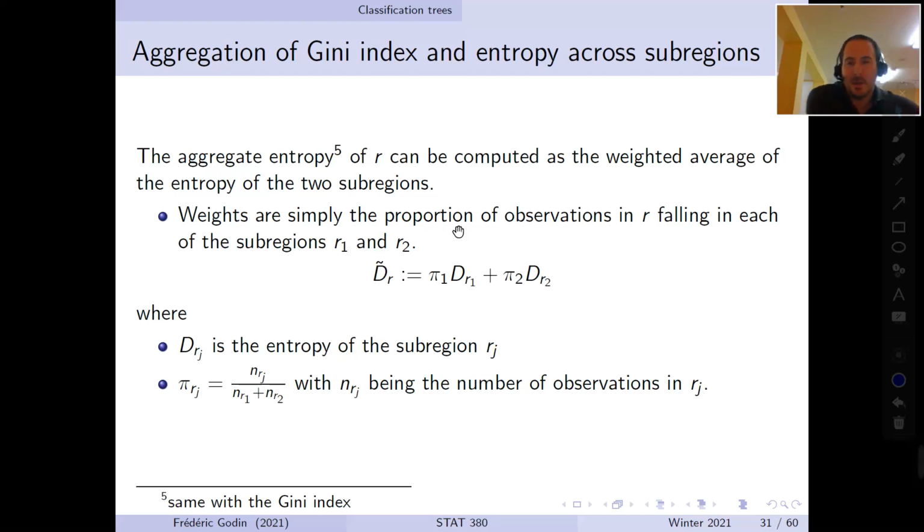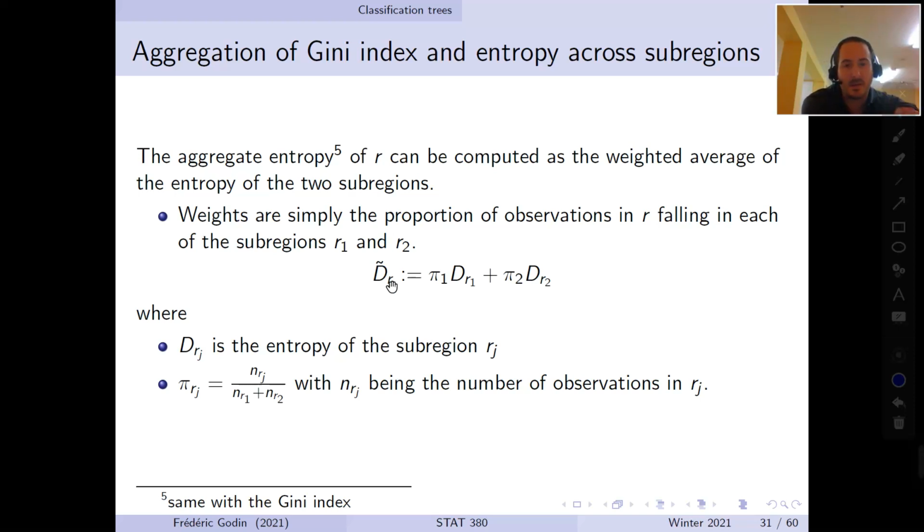We shall do it according to the formula which follows. If we have a region R, which we divide into two subregions R1 and R2, the aggregate entropy, and the same applies for the Gini index, is simply a weighted entropy across the two regions.